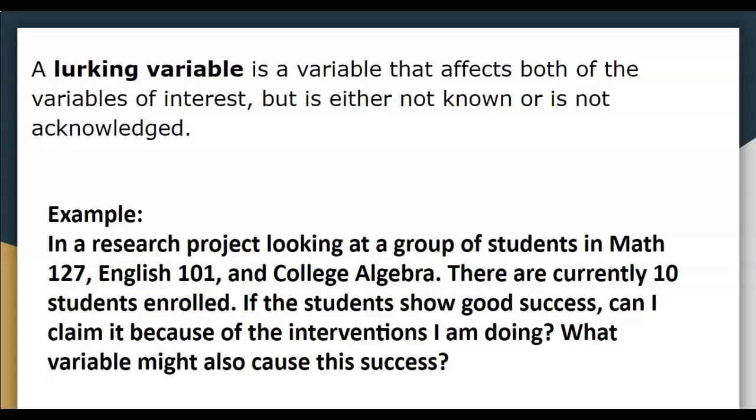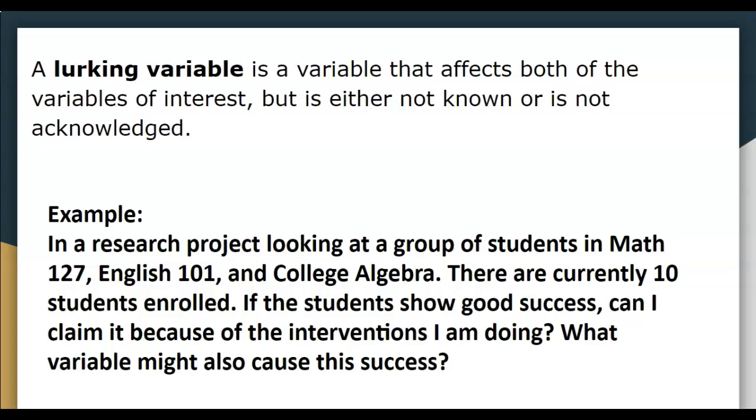I have some interventions in place with this group of students that are taking all these classes together, and there are 10 students in the class. The issue with me claiming any significant results is that I only have 10 students. Maybe the small class size is affecting it, and that's why they are doing so well.